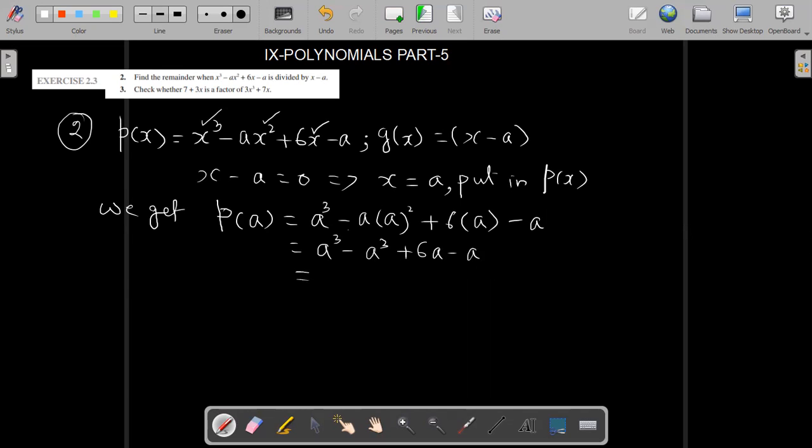So a cube minus a cube will cancel. 6a minus a is 5a. Okay. So therefore the required remainder is 5a.